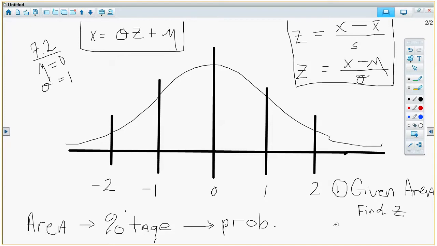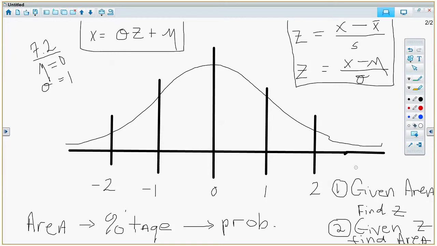Another type of problem, given z, you find the area.